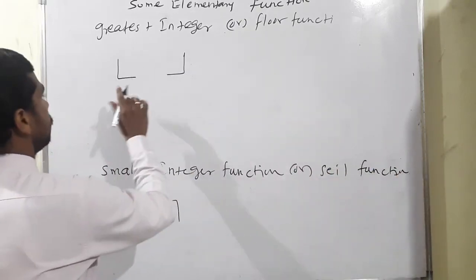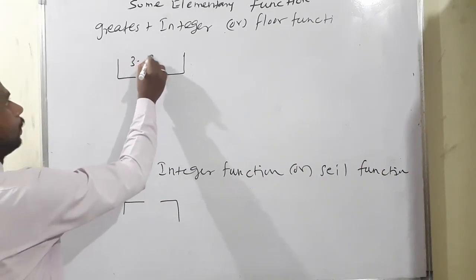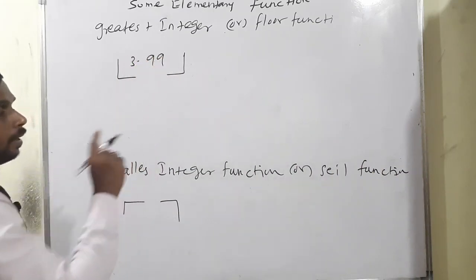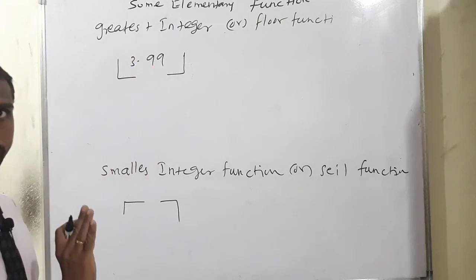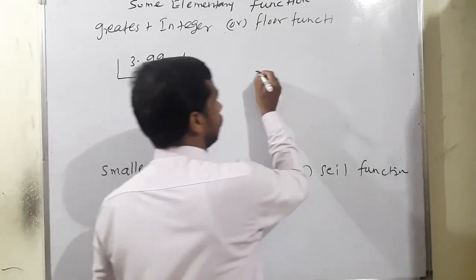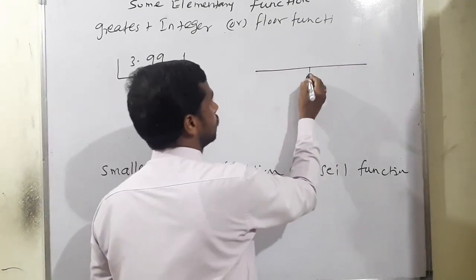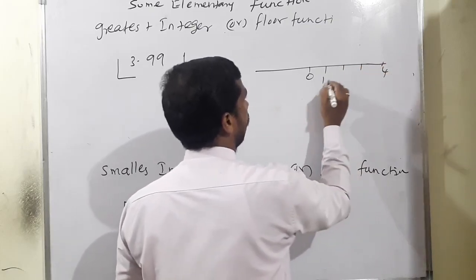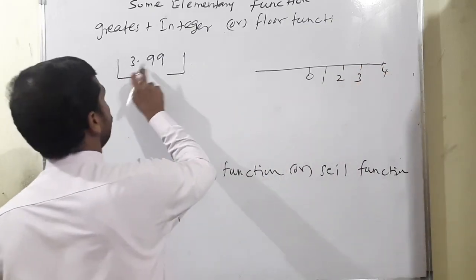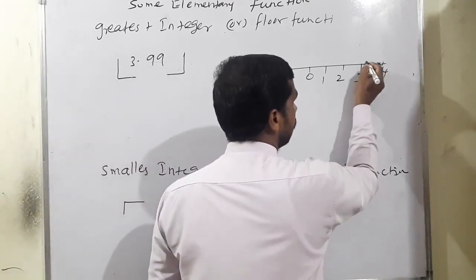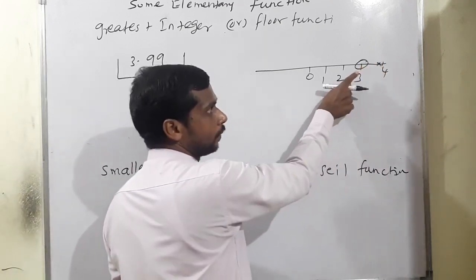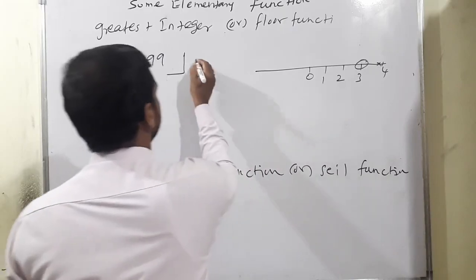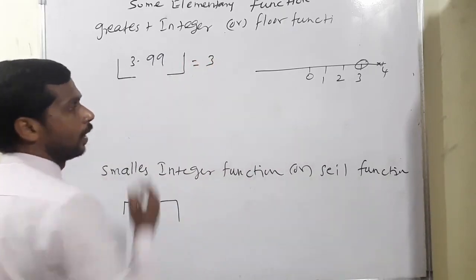For example, 3.99: we have to select the left side value. Take one number line: 0, 1, 2, 3, 4. The value is 3.99, and on the left side the whole number less than it is 3. Therefore the greatest integer of 3.99 is 3.